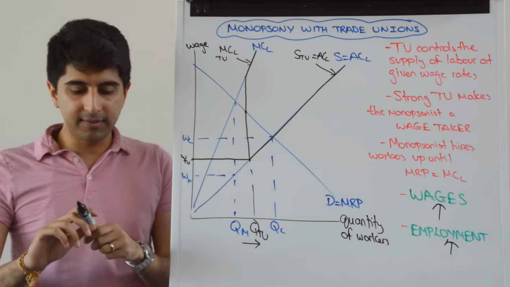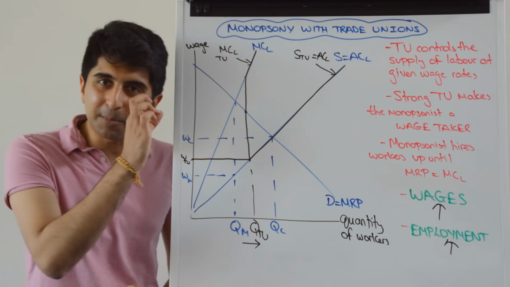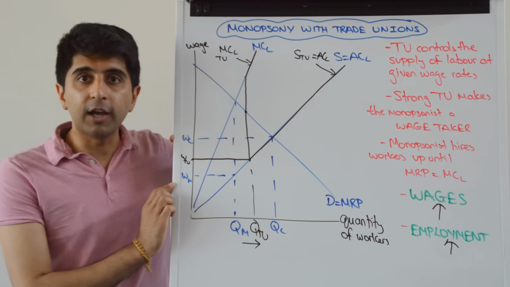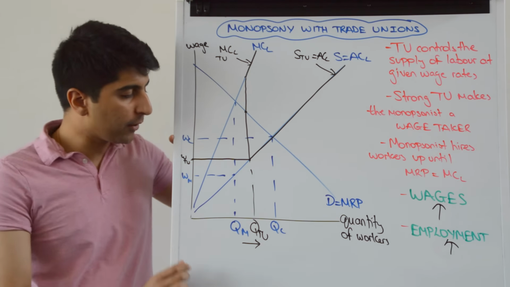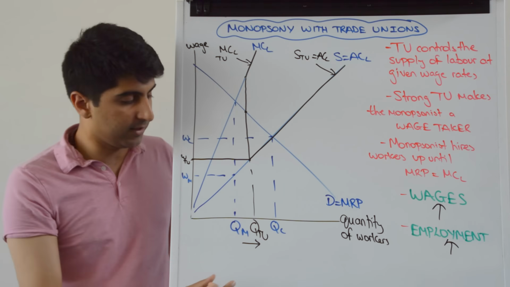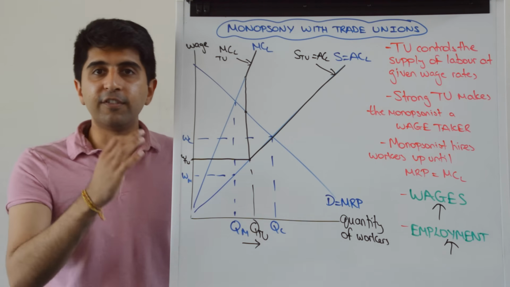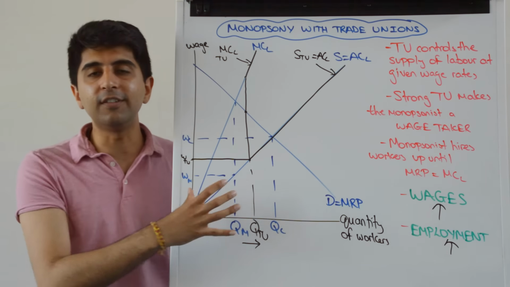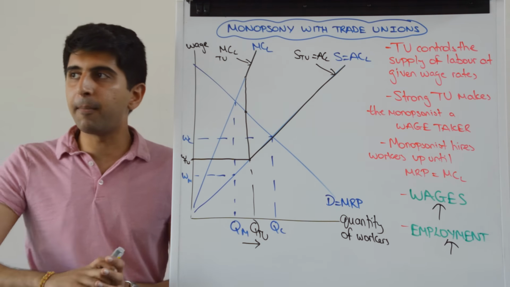Trade unions are actually doing a great thing in this imperfectly competitive market, in this monopsony controlled labour market. They're increasing wages closer to competitive labour market outcomes, but they're also increasing employment, increasing the quantity of workers towards the competitive labour market outcomes as well. So trade unions are improving efficiency in monopsony controlled labour markets.